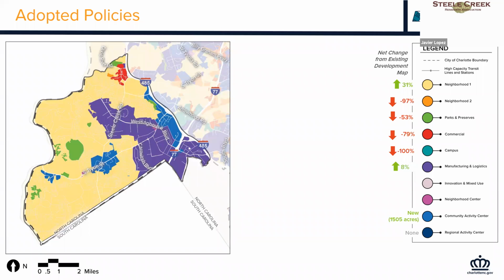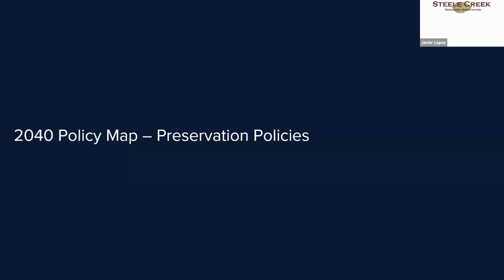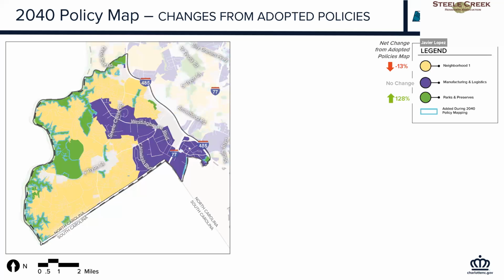And this isn't necessarily valid because it's not really a Neighborhood 1. It remains Parks and Preserves. They can't build on water. Okay, then we go to map 3 and we see it's reinstituted, and I'm not sure of the point here of trying to reinflate the change. We're saying it's up 128%.